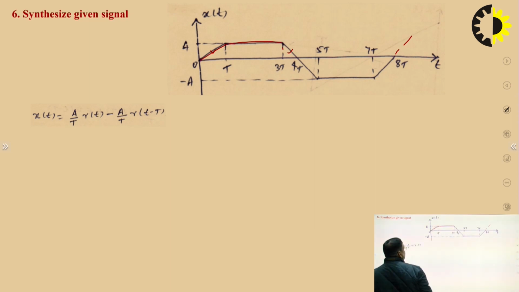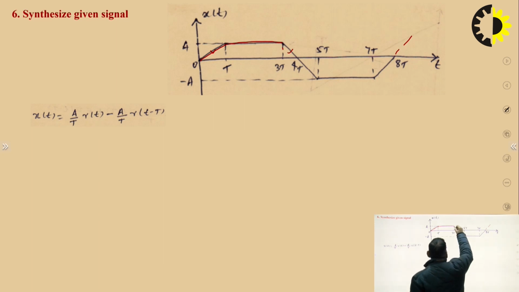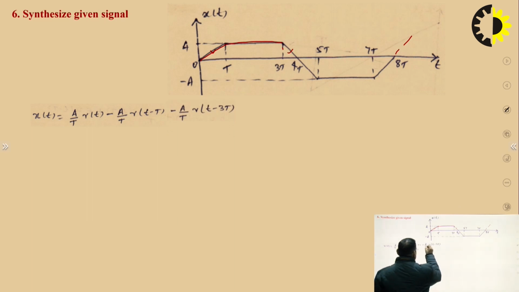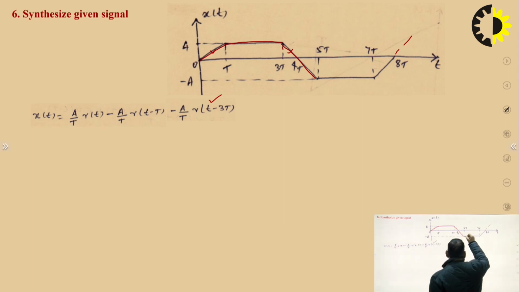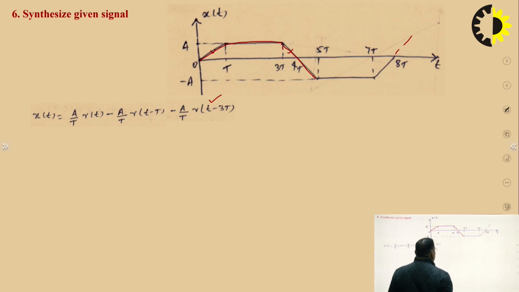Okay. Now come to here, at t is equal to 3t, we add a negative slope, so A by t r(t minus 3t). So this is the equation of this line, this one. Okay, now we can see here the slope becomes 0 at t is equal to 5t. So what we have to do, we have to add a ramp with positive slope at t is equal to 5t. So A by t r(t minus 5t).